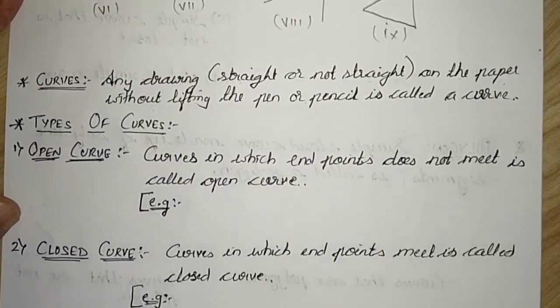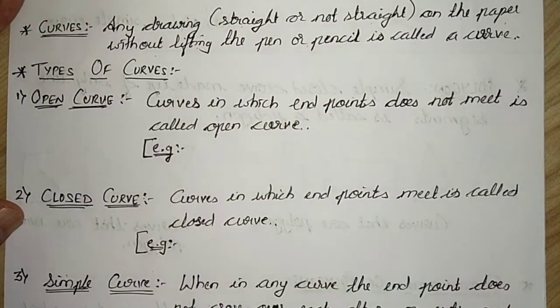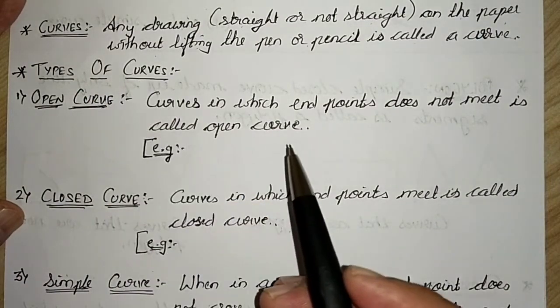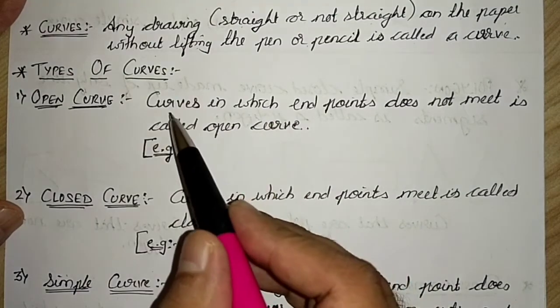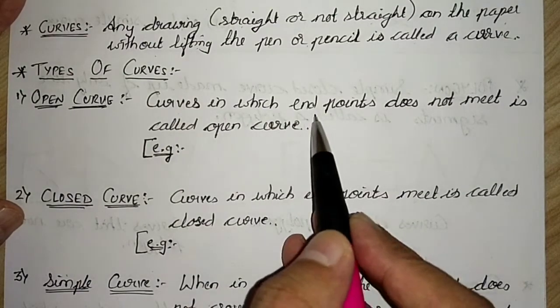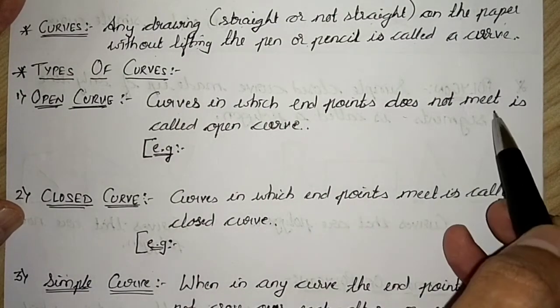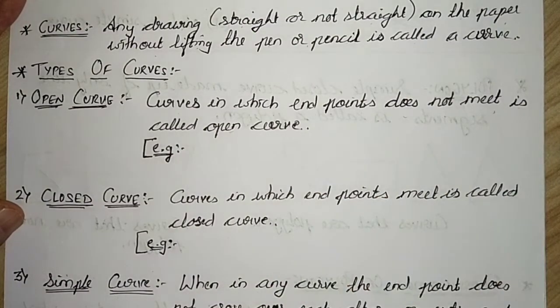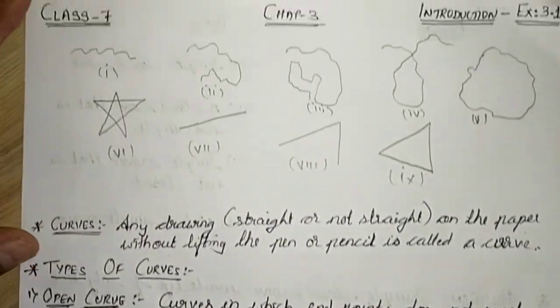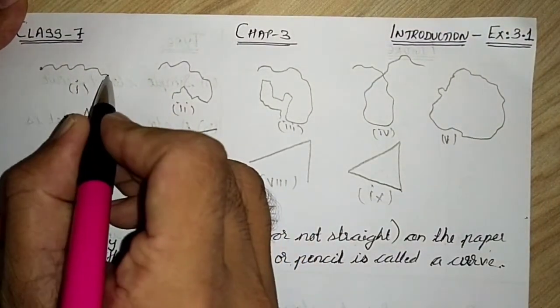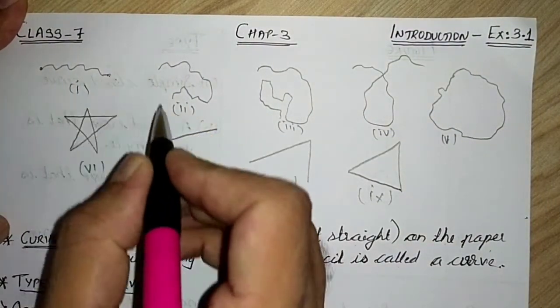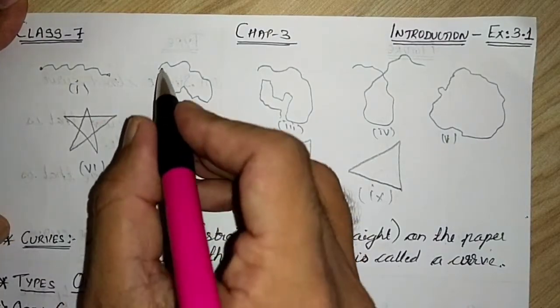Now curves have different types. So we are going to study types of curves. First is the open curve. A curve in which the endpoints do not meet is called an open curve. You know very well what an endpoint is. These are the endpoints. They are not meeting, so it is an open curve.